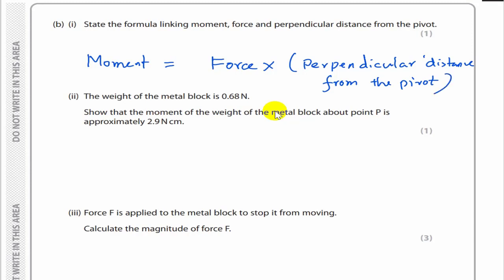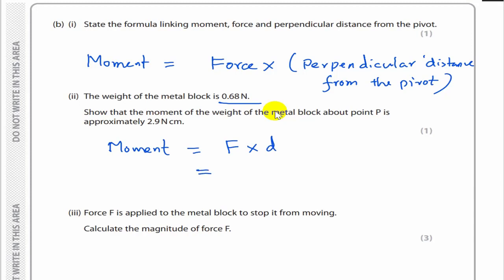The weight of the metal block is 0.68 Newton. Show that the moment of the weight of the metal block about P is approximately 2 Newton centimeter. We know moment equals force times perpendicular distance.